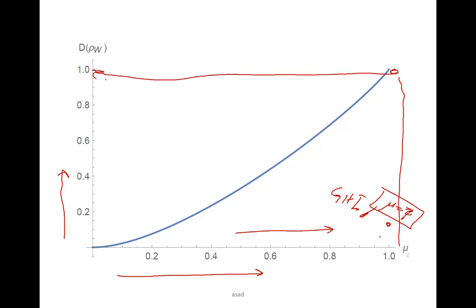So the discord for the GHZ state is 1, and from the previous literature on the GHZ state we know that the entanglement for the GHZ state is 1. I have also calculated the GHZ state entanglement, which is 1, in my thesis. So this is the way we quantify global quantum discord.